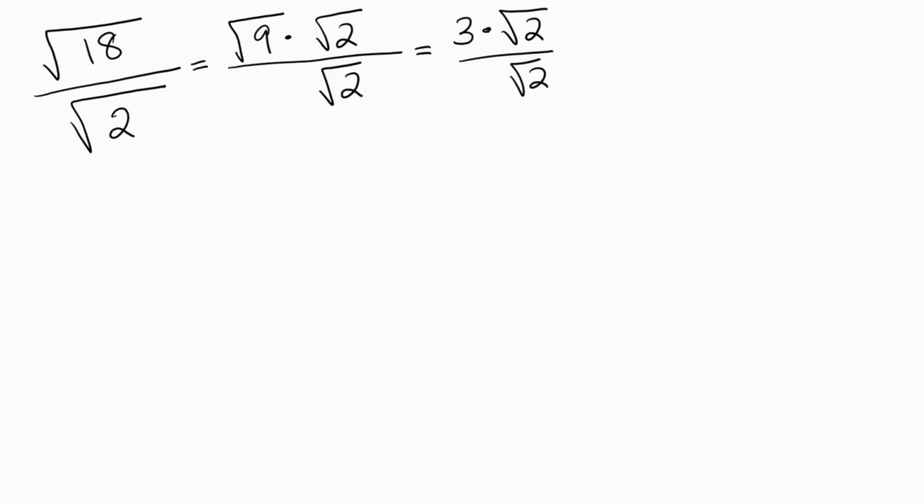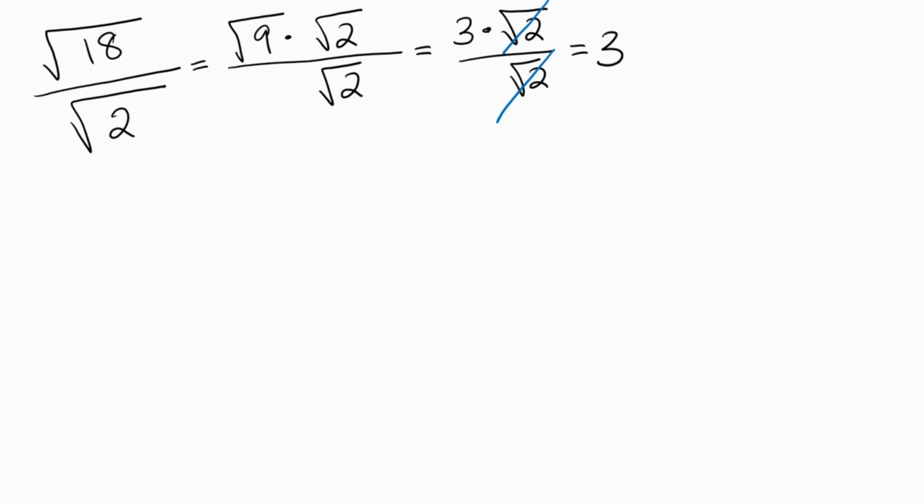And because I have square root of 2 on both the denominator and the numerator, and they are the same value and multiplying, I can cross it off, which leaves me with just 3. So that's kind of what I'm looking for. So all I'm trying to do is simplify it.